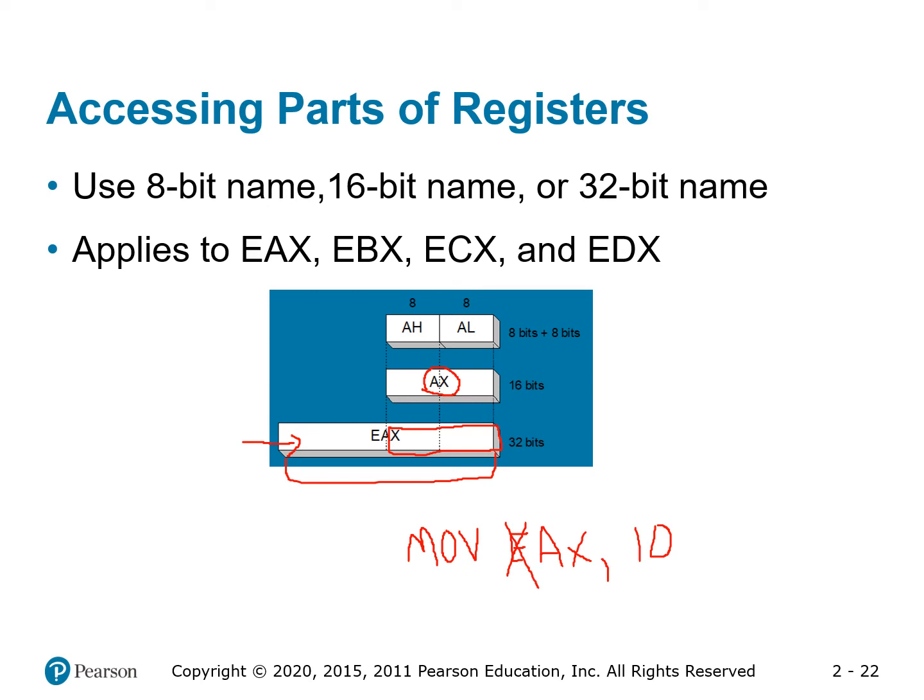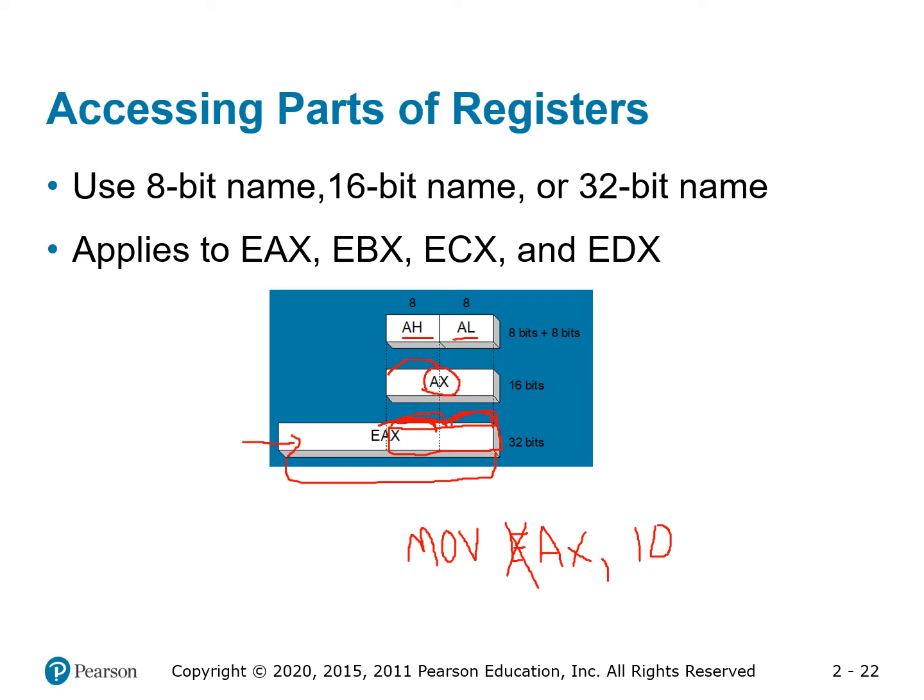I can then further divide AX into 8 bits, and I can say AH, and that would access this part of the register. Or AL, you would access this part of the register. So you can use either one of these names if you just need 8 bits.